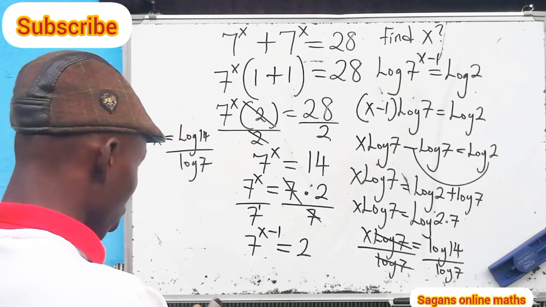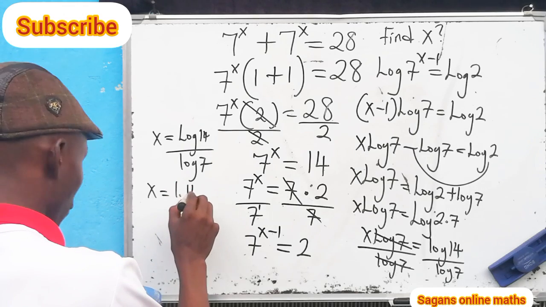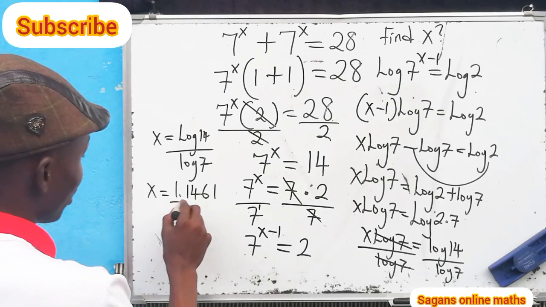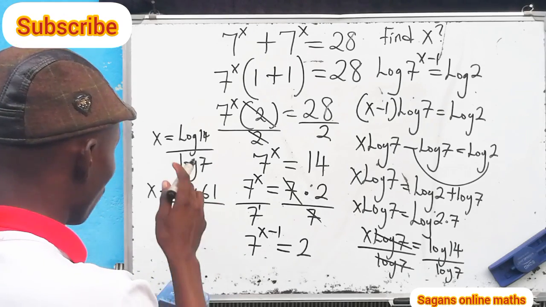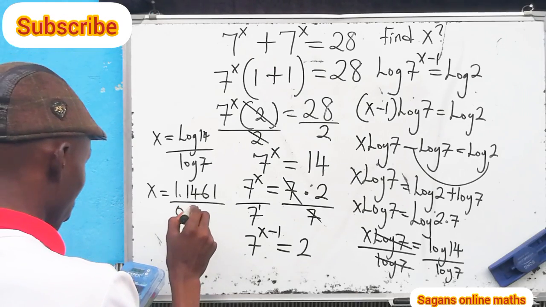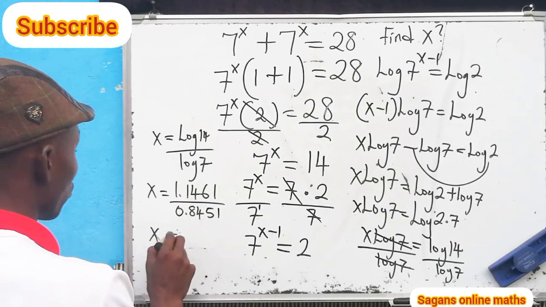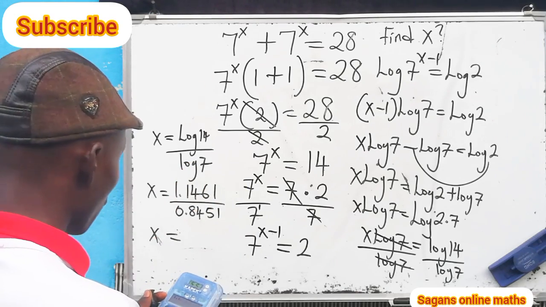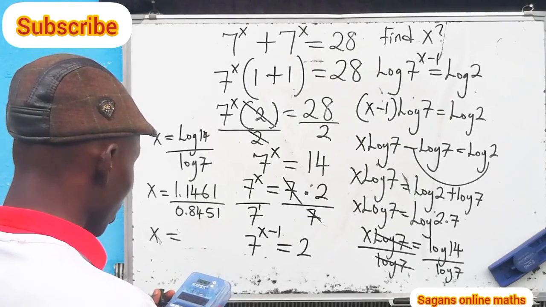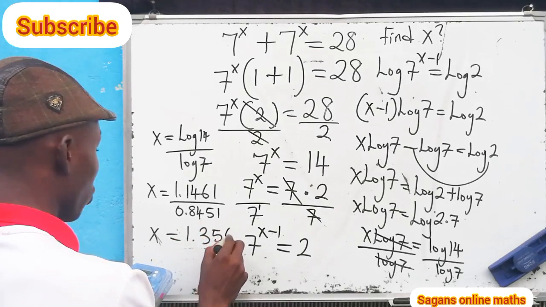Log 14 gives us 1.1461 at 4 decimal places. Divided by log 7, which is 0.8451 at 4 decimal places. Then x equals 1.1461 divided by 0.8451, which gives 1.356 at 3 decimal places.